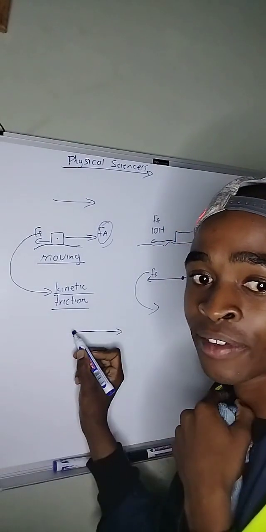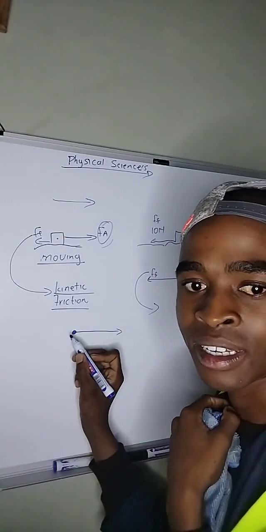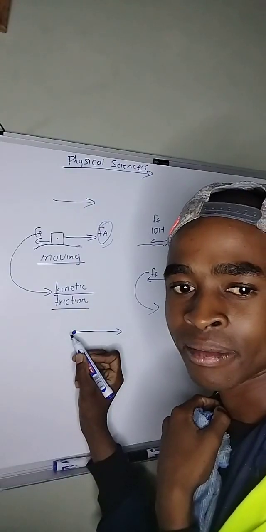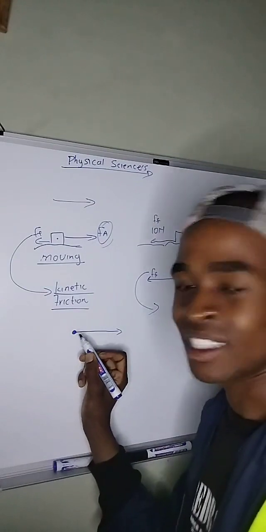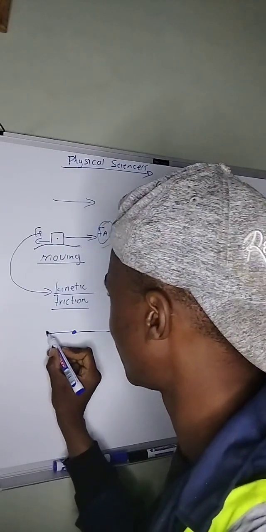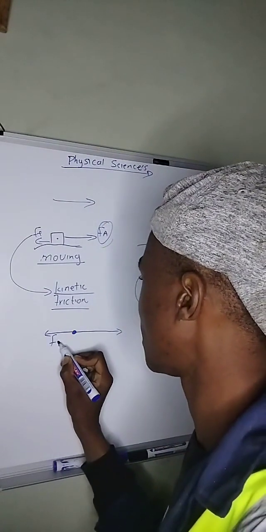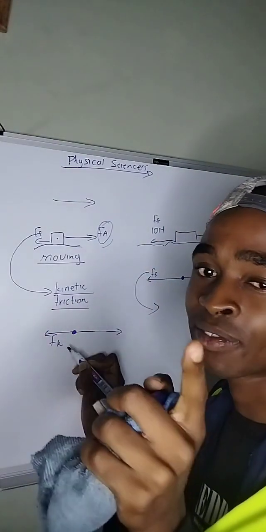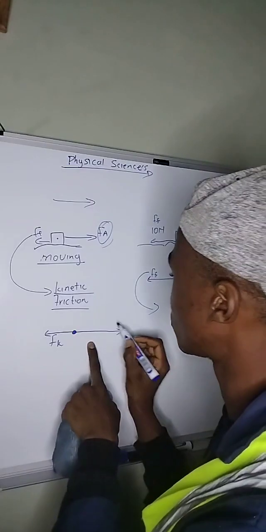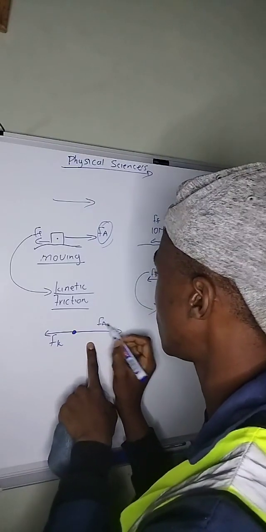Since I'm drawing the friction, it's going to be shorter. So this is going to be Fk, since we consider this as being a kinetic friction, right? So this one is going to be Fa.